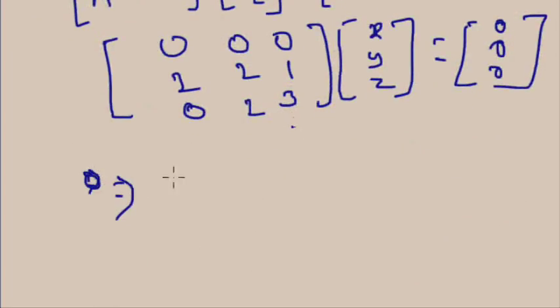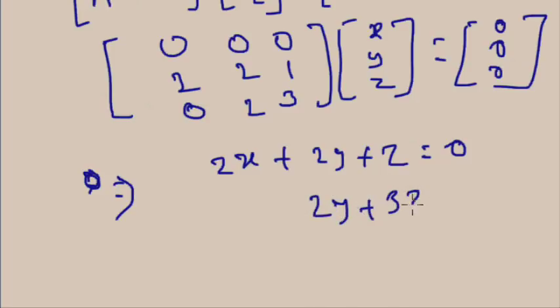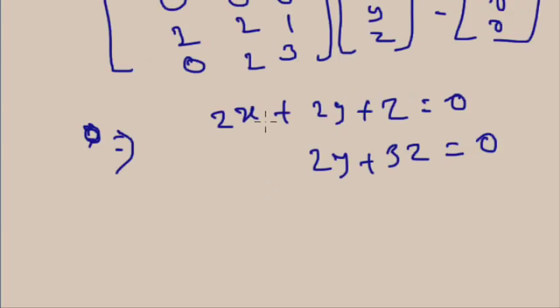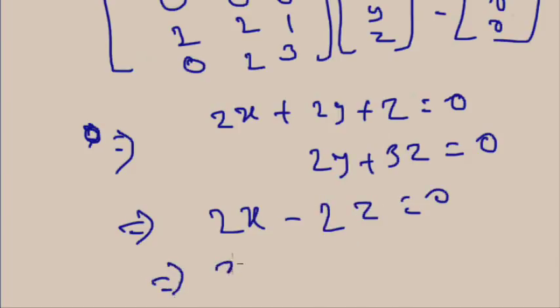Solving from the first row, I will not get any equation from this. 2x plus 2y plus z is equal to 0, and 2y plus 3z is equal to 0. Subtracting this equation from this equation, I will get 2x minus 2z equal to 0. This means x is equal to z. This is the first condition.